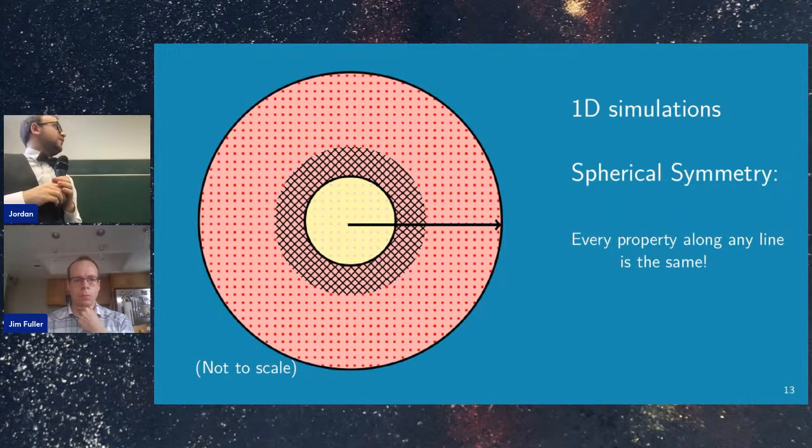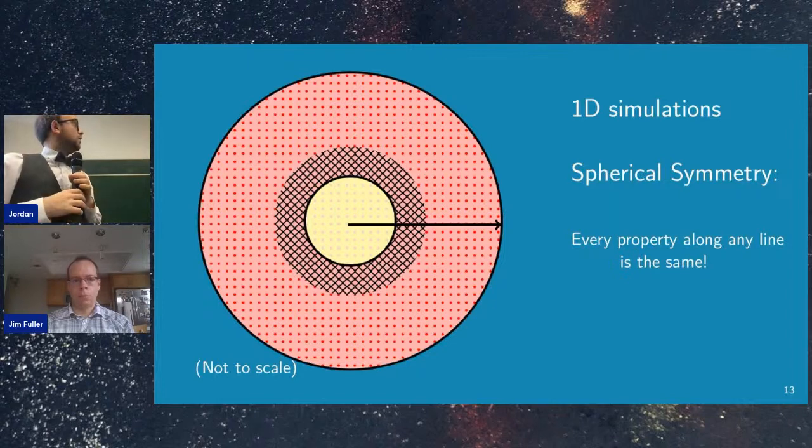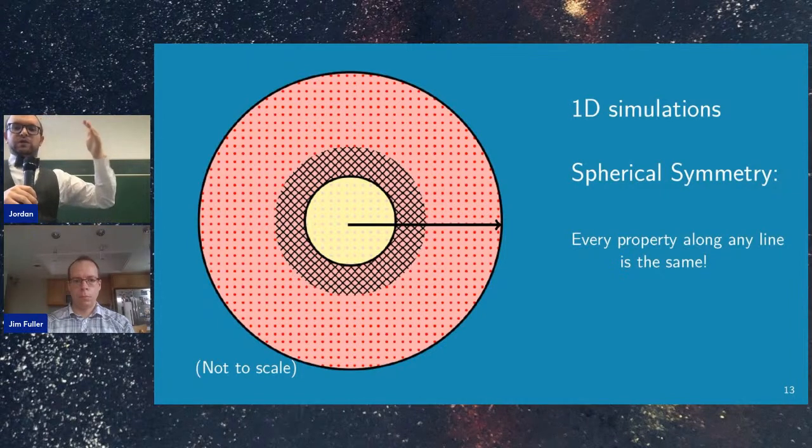So we look at what is happening with the properties of a star along a line, for example this line here in black. This is, of course, under the assumption that your star is spherically symmetric. This means that whatever way you point your line from core to surface, the variation of properties is the same in our assumption.